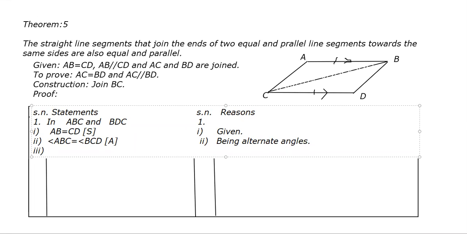Now, in the third, we can write BC and BC, they are equal because they are common side.